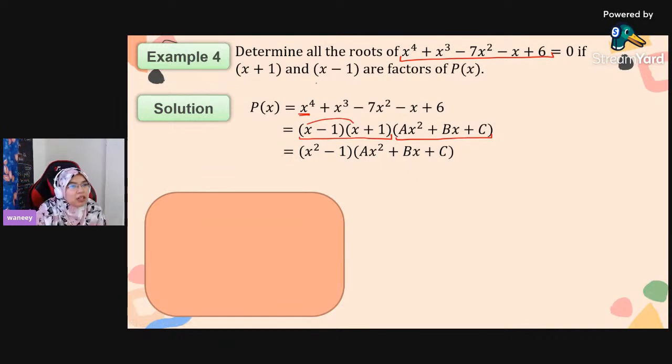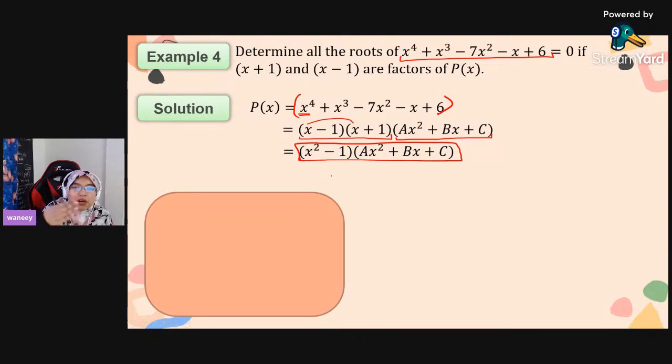We can compare the coefficients for p(x). This is our p(x). We are going to compare them with the coefficients when we expand this one. So we are going to expand this, and then write them down in terms of a, b, and c.